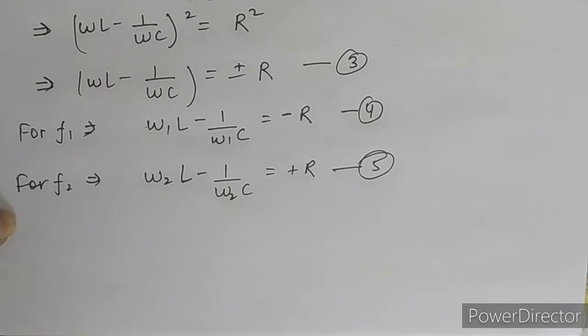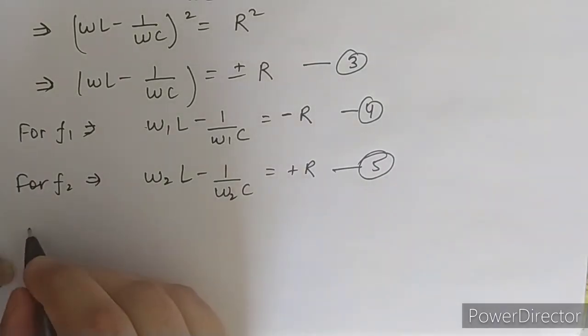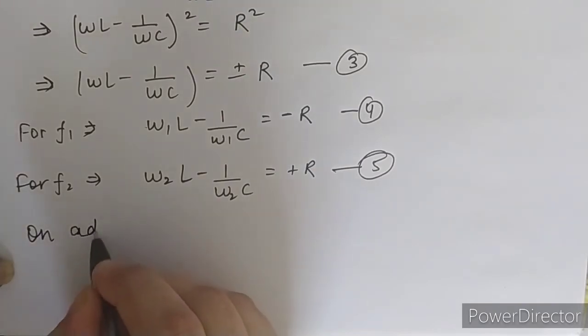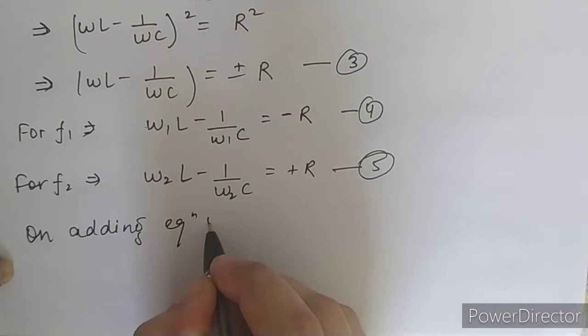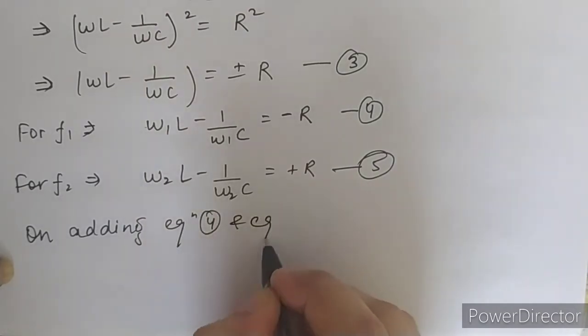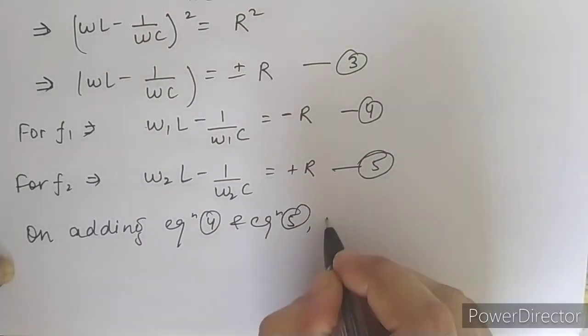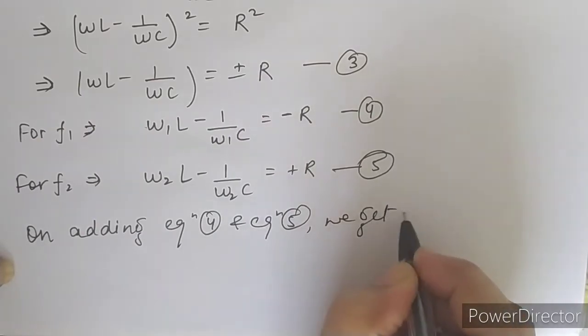Now what we have to do? We have to first add both the equations, equation number 4 and equation number 5. So on adding equation 4 and equation 5, what do we get?